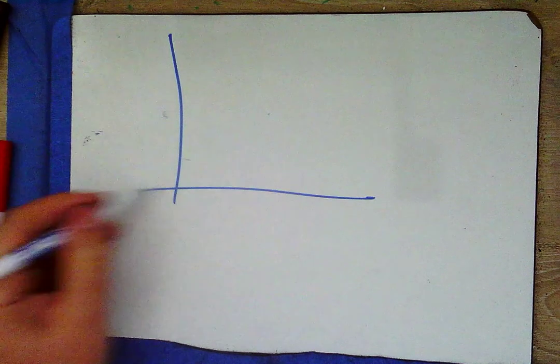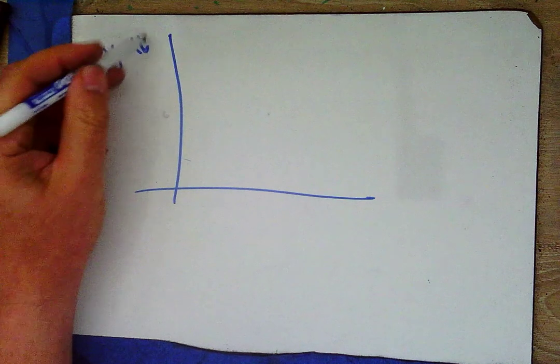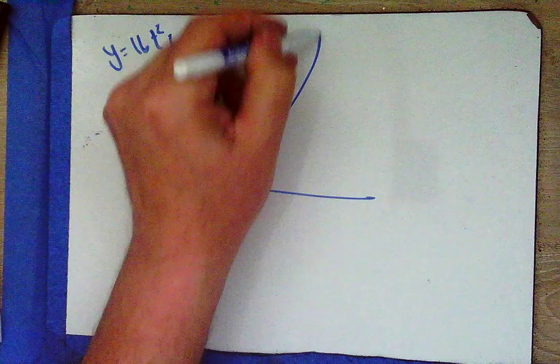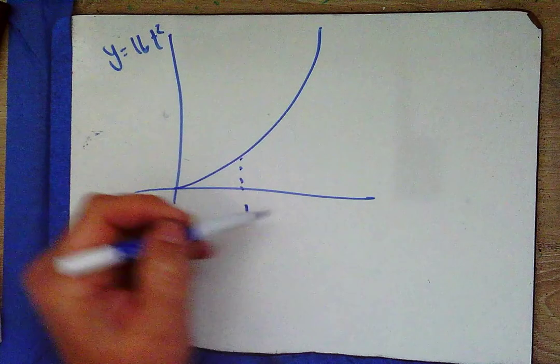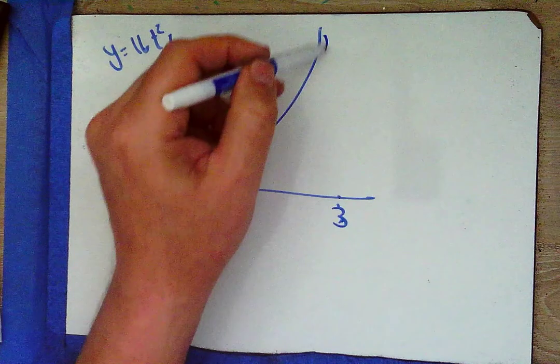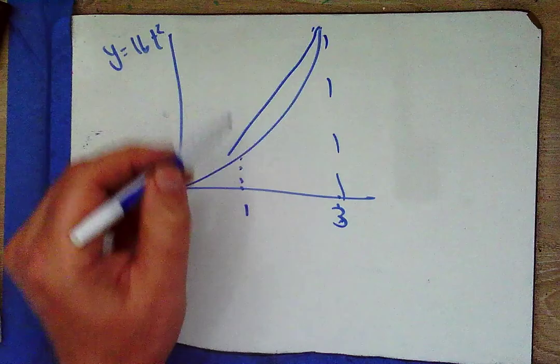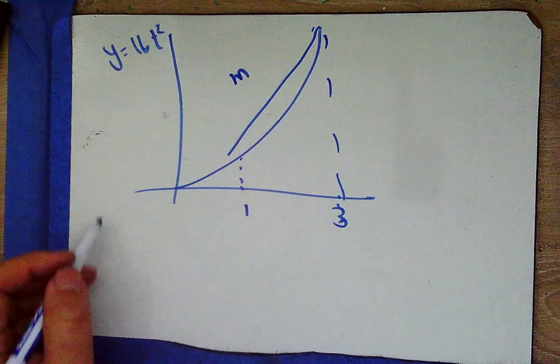Remember that average rate of change is the slope on an interval. It's the slope of a secant. It's the slope between 2 points. So if I have y equals 16t squared, and I want to talk about average rate of change, that's the slope.